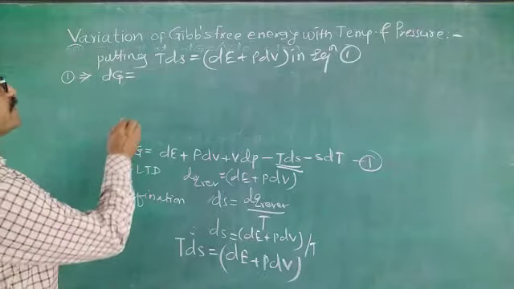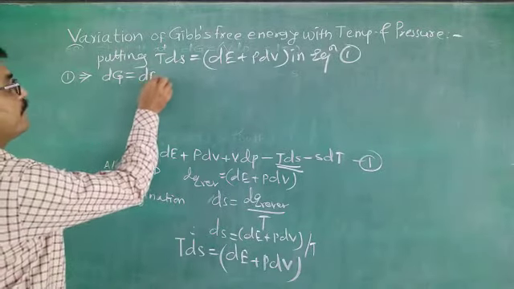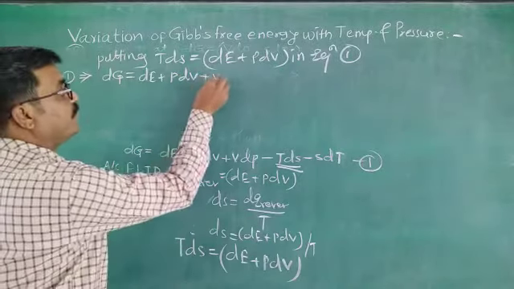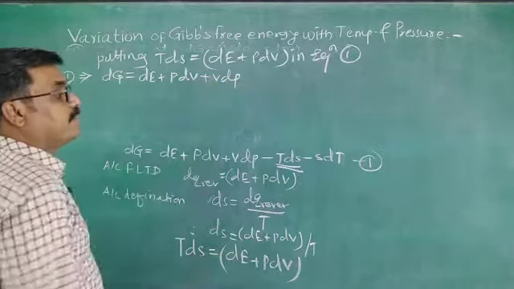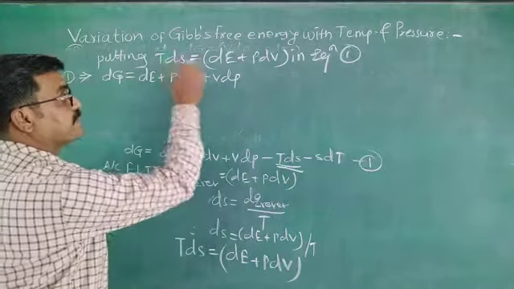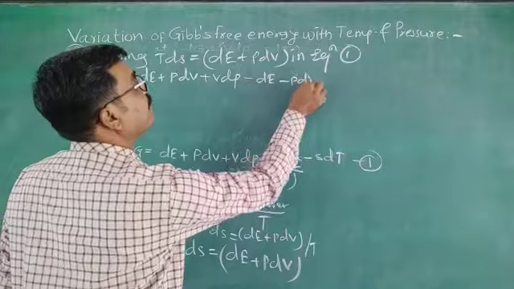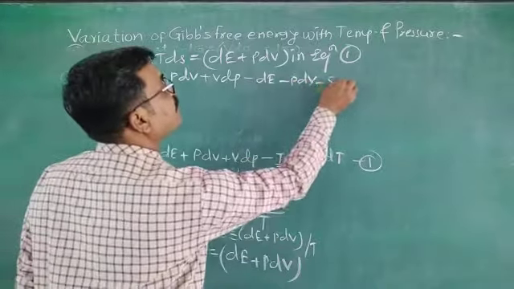The remaining terms are dE plus PdV plus VdP, minus TdS, that is minus dE minus PdV, and the last term minus SdT.